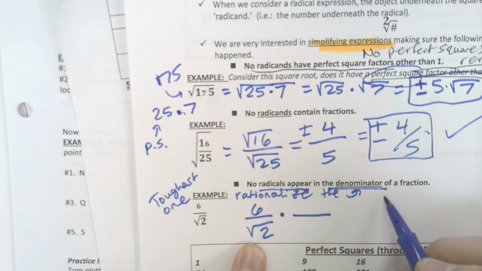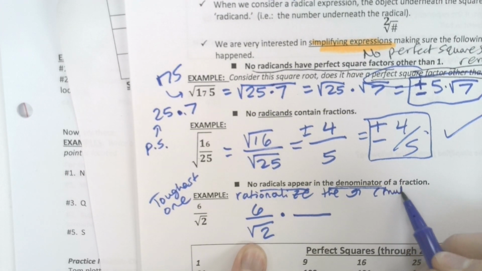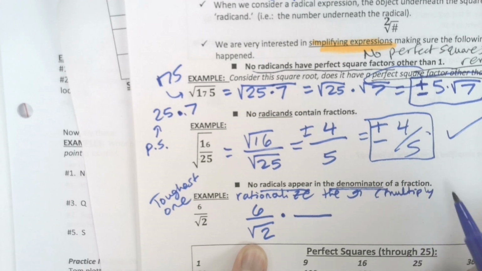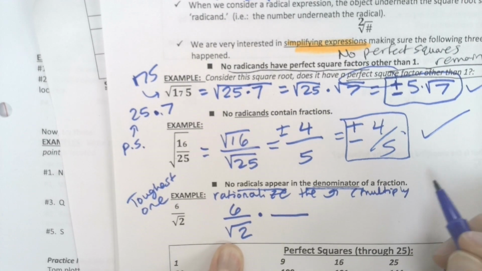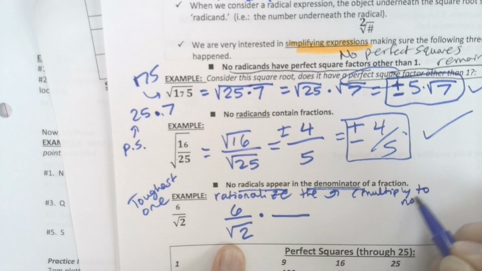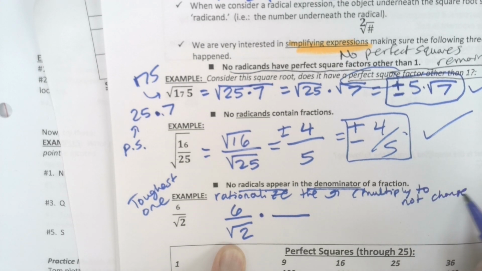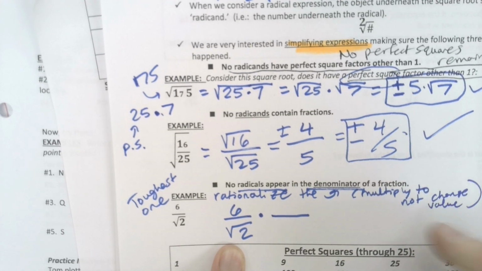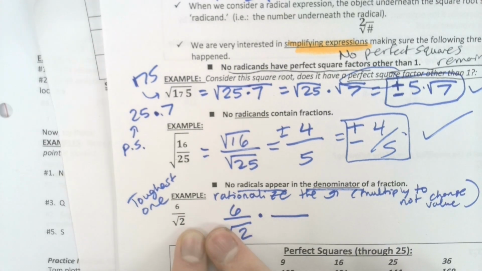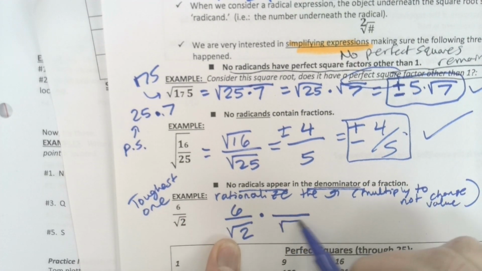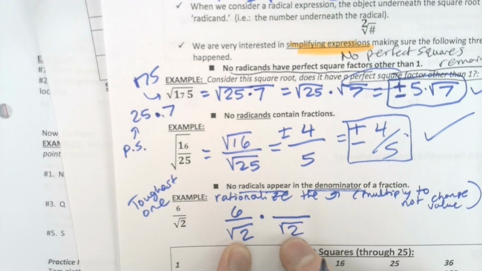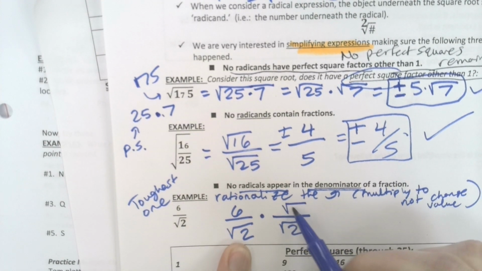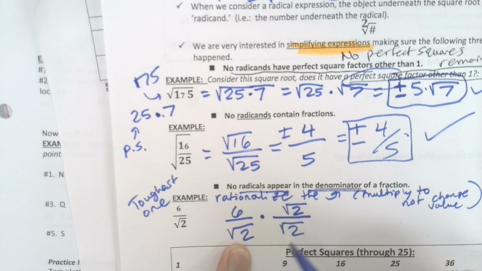So to rationalize this, we have to multiply in a way to not change the value. Because if you change the value, this is no longer the same number. So we're going to multiply by the square root of 2. But if you do this to the bottom, you have to also do this to the top.